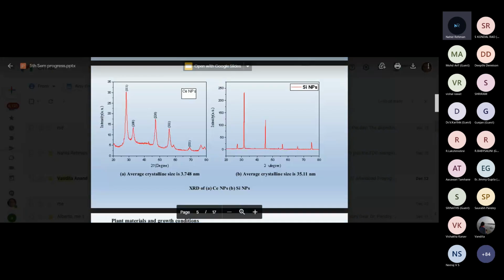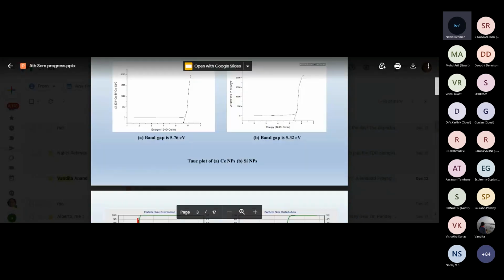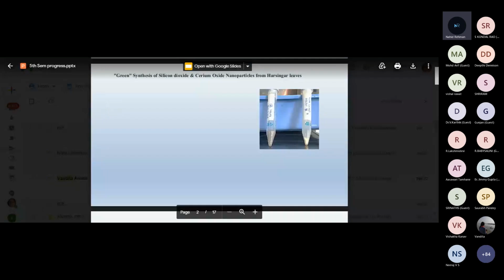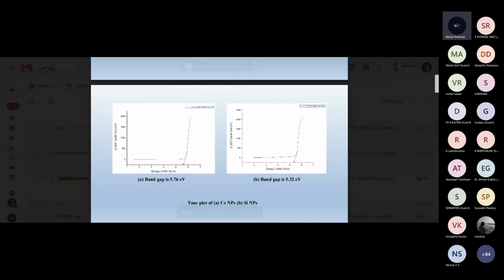So after this identification, you are supposed to take the UV, ultraviolet spectra, and using that spectra you get some peak in the specific UV region. So using the absorbance, one can make the plot between the energy and this X and Y value to obtain the Tauc plot, and it helps in calculating the band gap energy.